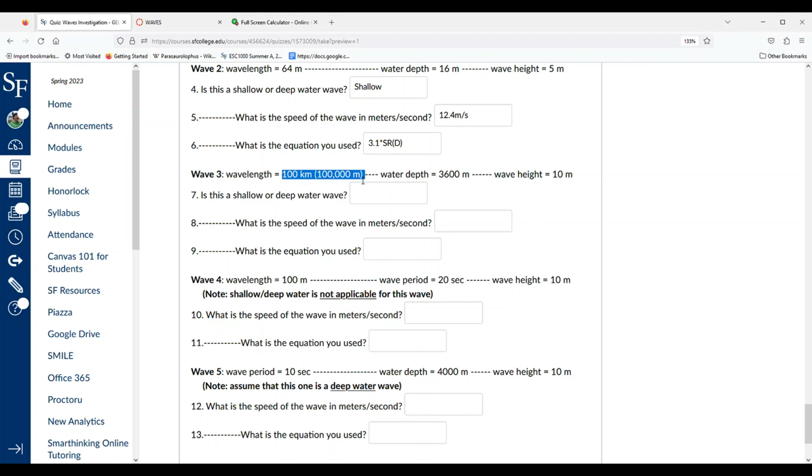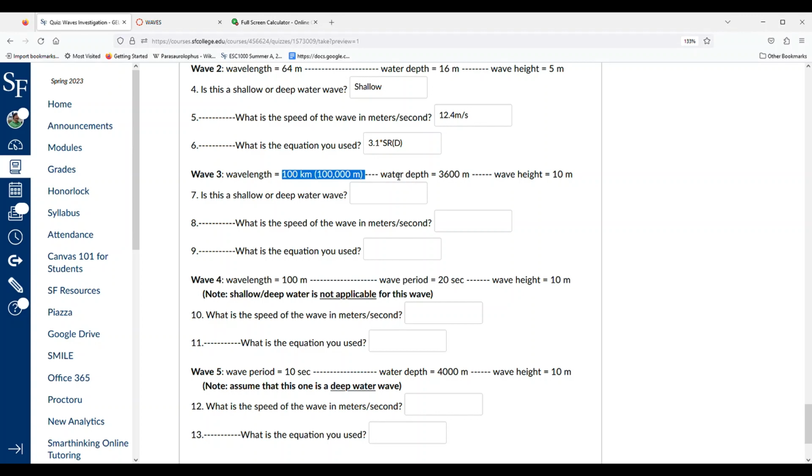Tsunamis form when there are underwater earthquakes that either raise or lower a large part of the ocean floor. And because of that, the amount of surface area is enormous, because in earthquakes, a large part of the Earth's crust will be either raised or dropped. And that generates a wave with a very long wavelength, 100,000 meters or 100 kilometers.